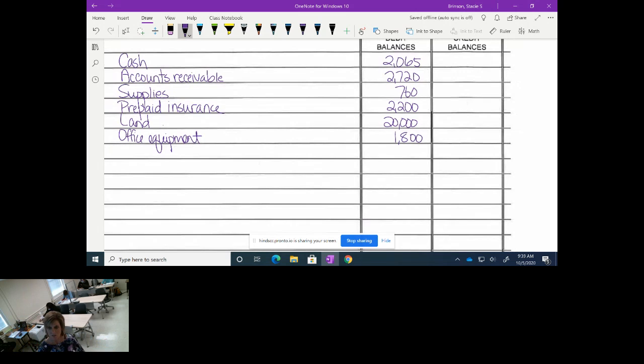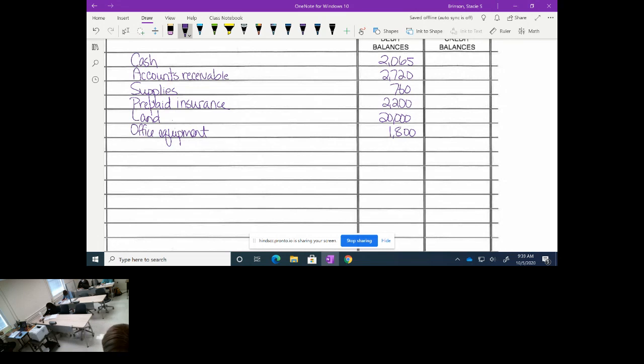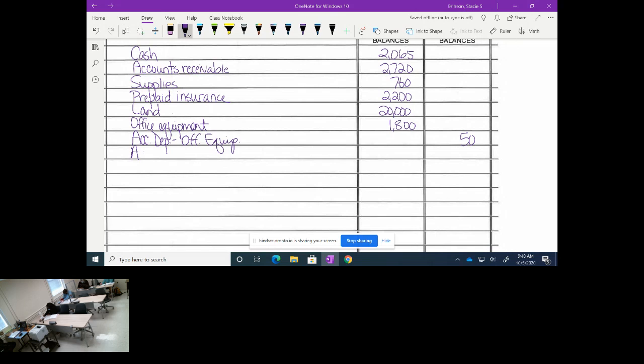Accumulated depreciation, office equipment. And as you're kind of rocking along, don't get so used to putting stuff in the debit column that you forget that one's supposed to go to credit. Accounts payable, $900.